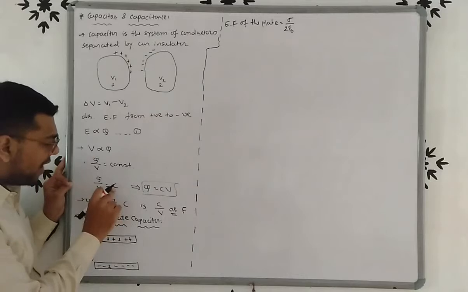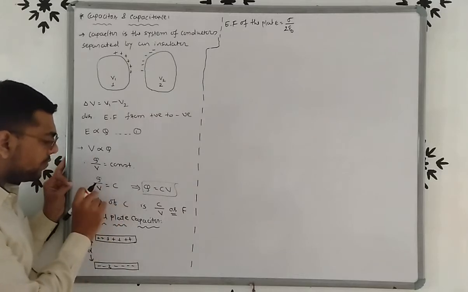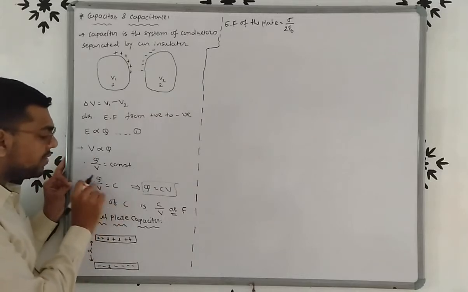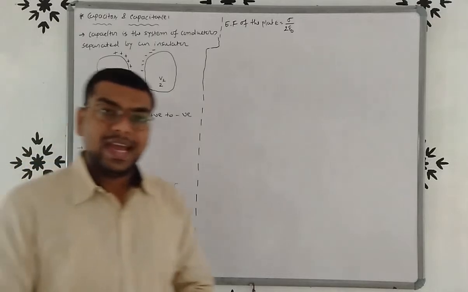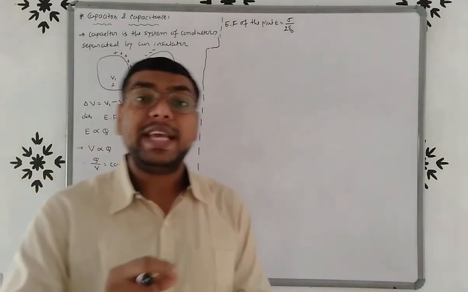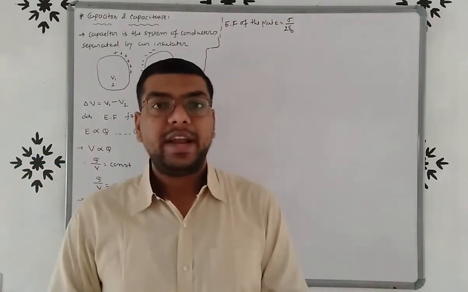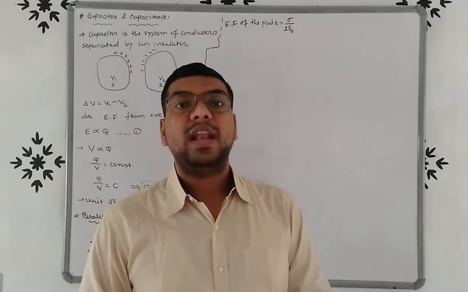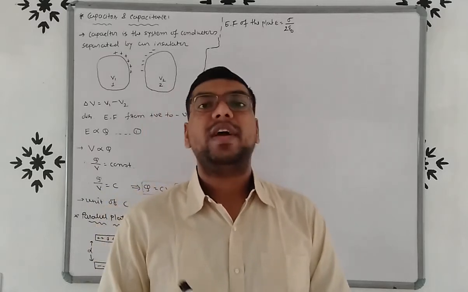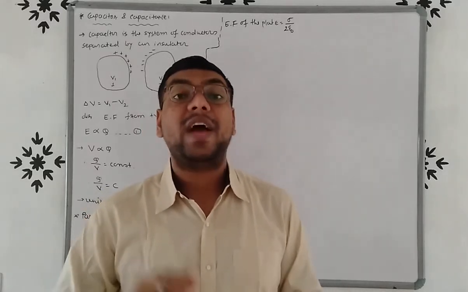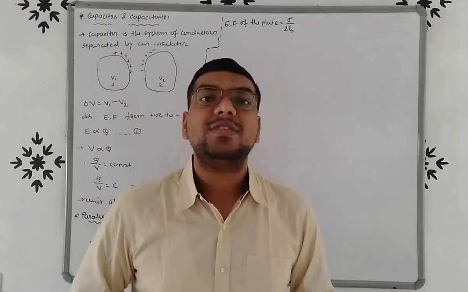To find out capacitance, first of all we have to derive the formula of potential V, and we already know that V is equal to E d. To find out potential, we need the electric field.